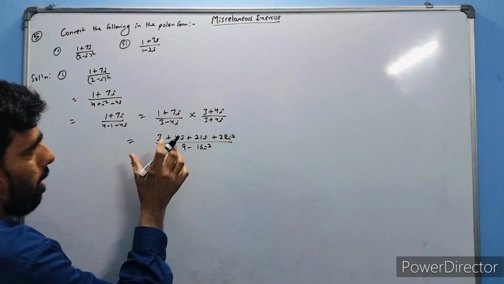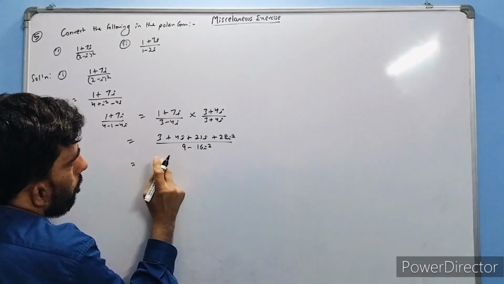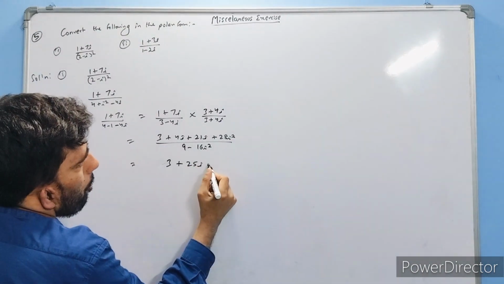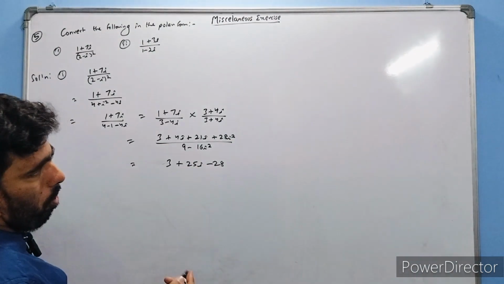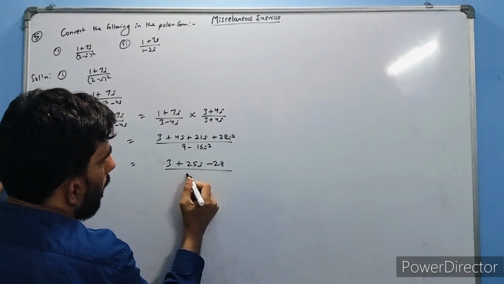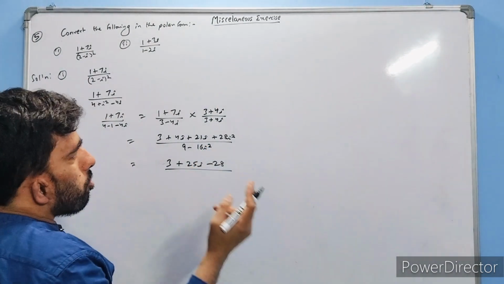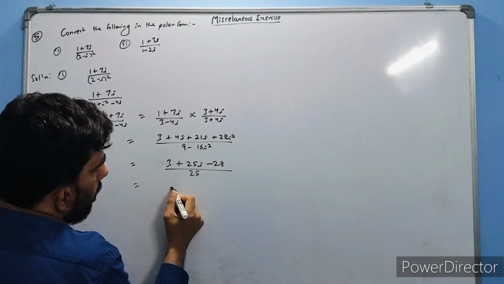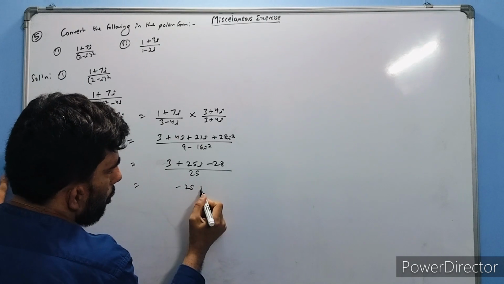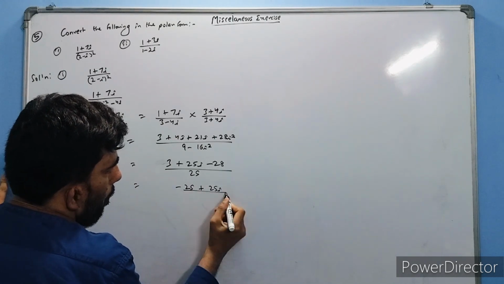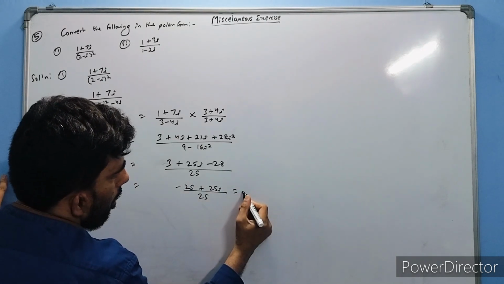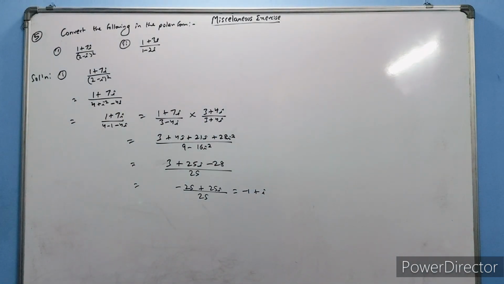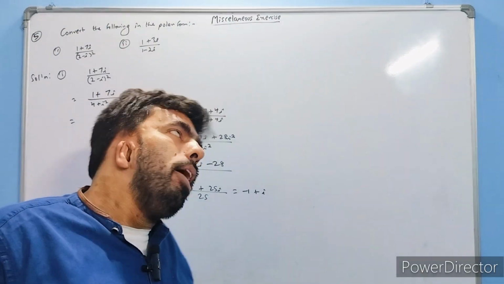Okay, so we have 3 plus 25i minus 28, because we know i square is minus 1, upon 9 plus 16, so we'll have 25. So I have minus 25 plus 25i upon 25, so I can write it as minus 1 plus i.